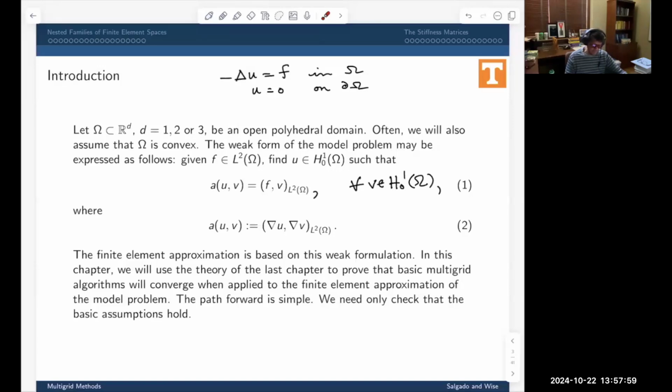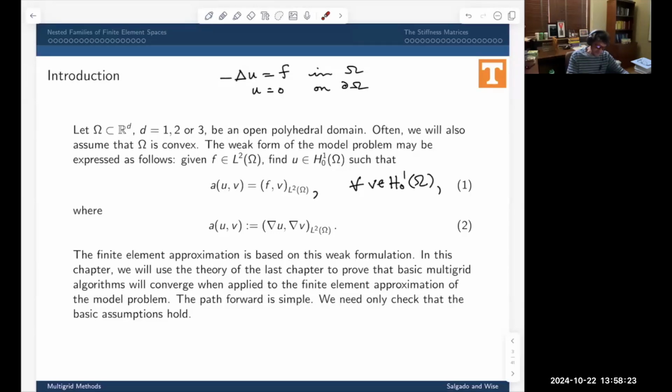If you haven't taken finite element methods yet and you want to learn more about those, then I'm going to do that in fall of 2025. Wow, 2025. In any case, this is the weak form of this problem. Strong form, weak form. Finite element method is based on that.